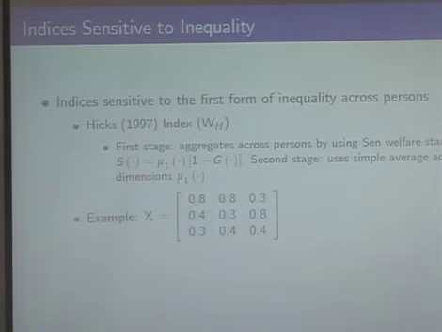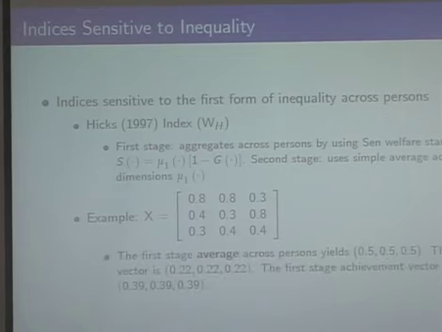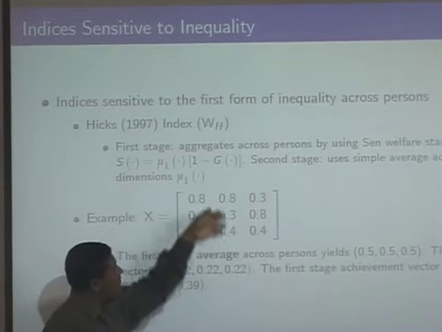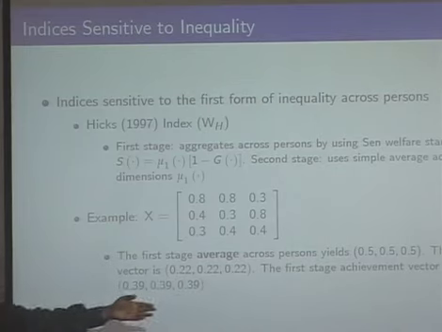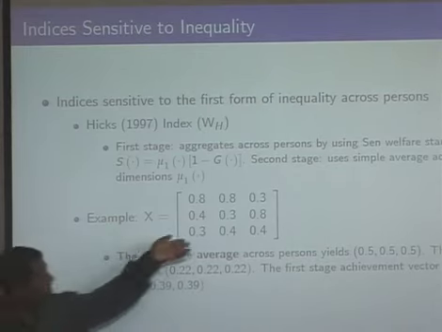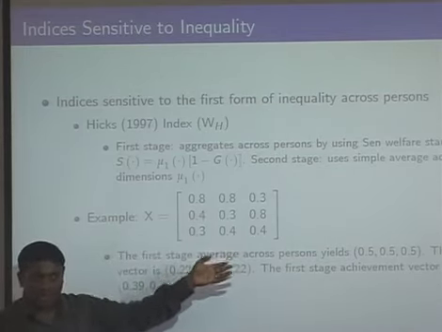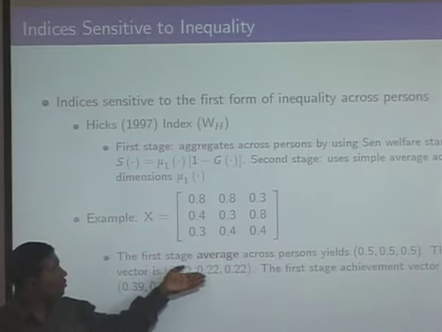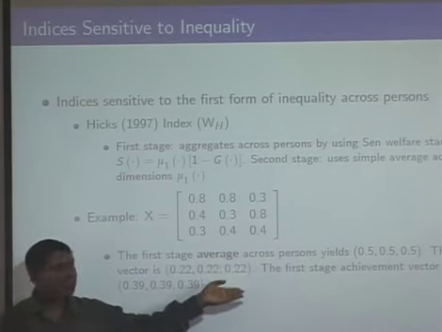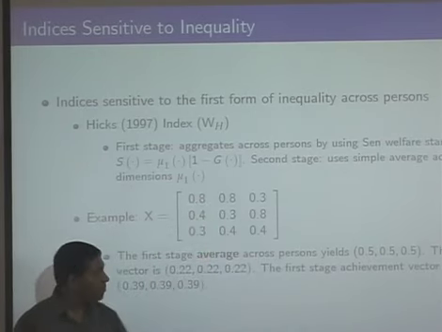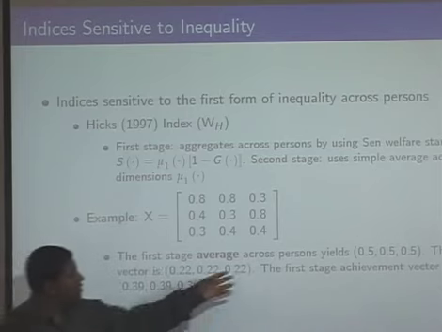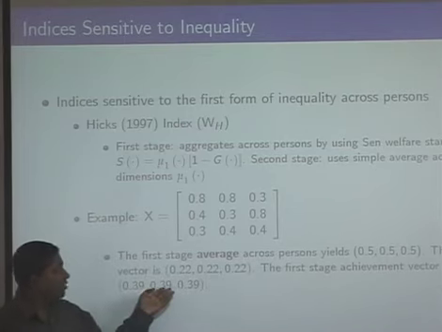Okay. So an example, with the same matrix as we had earlier. In the first stage, the average across persons yields 0.5, 0.5, 0.5. So your mu1 is 0.5, 0.5, 0.5, a 3-dimensional vector. The Gini, you can calculate by hand. I did it, you can verify. It's 0.22, 0.22, and 0.22. Why are they the same? Because they are literally the same distributions. So the first stage achievement vector is 0.39, 0.39, 0.39.